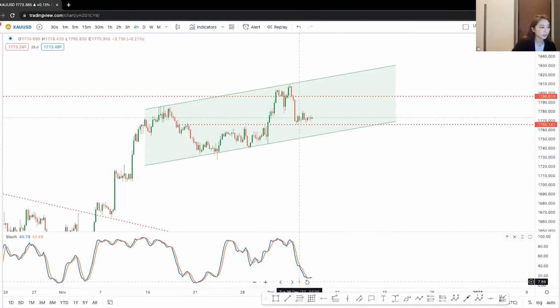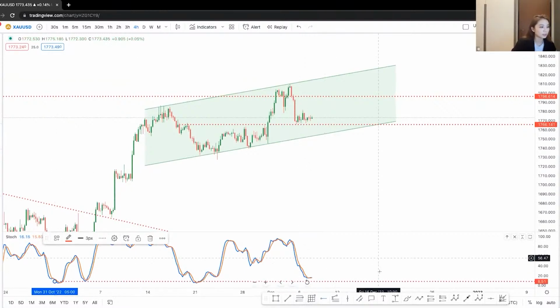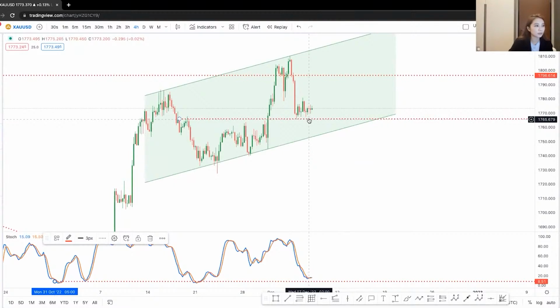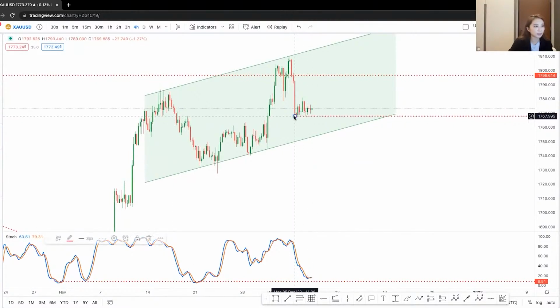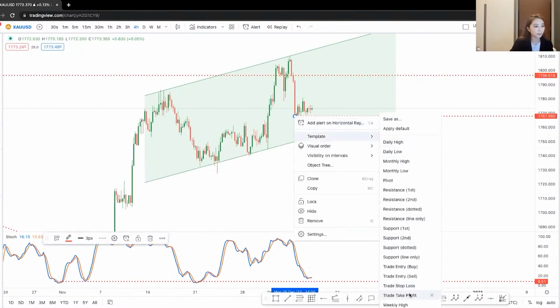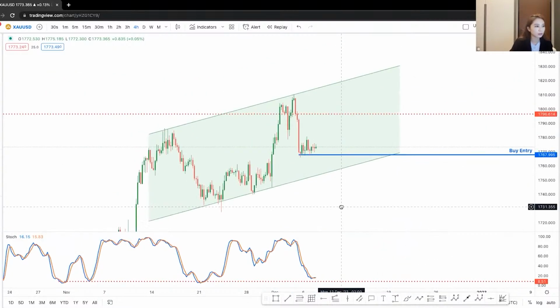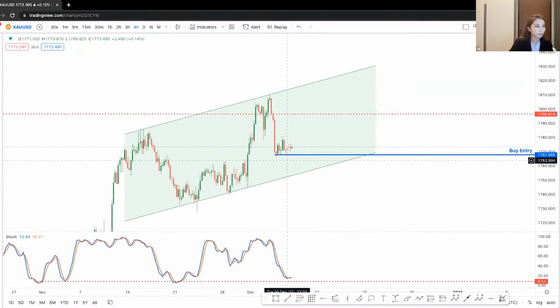Price is already heading for the support, in this case in stochastics. All right, so there's a chance where price would bounce off from this overlap that we are looking at. So in this case, I'm personally also thinking that maybe we should go for this.